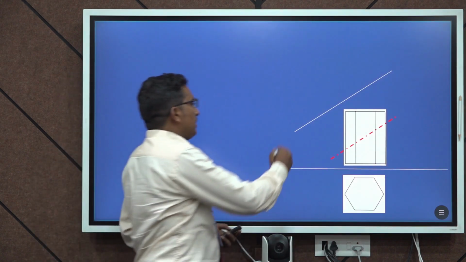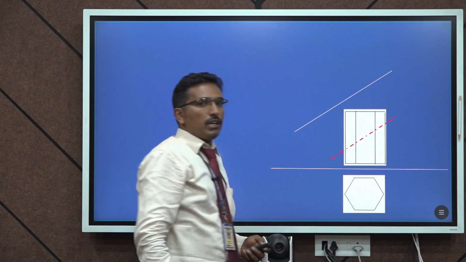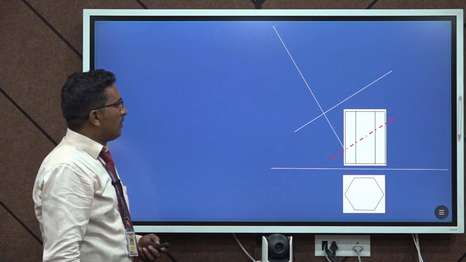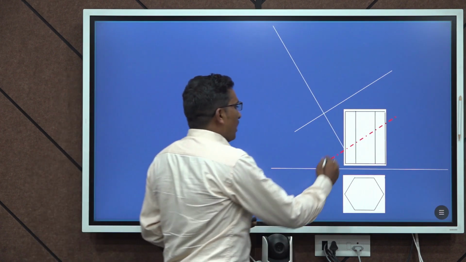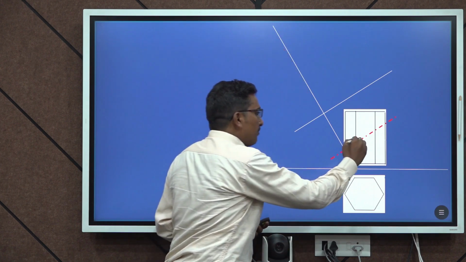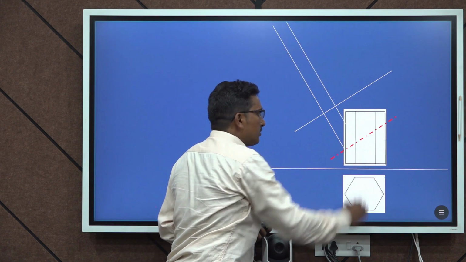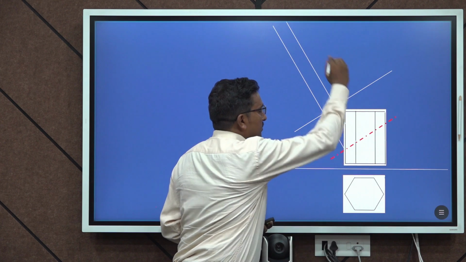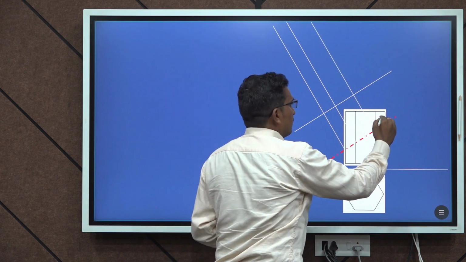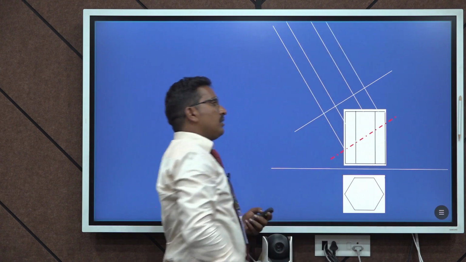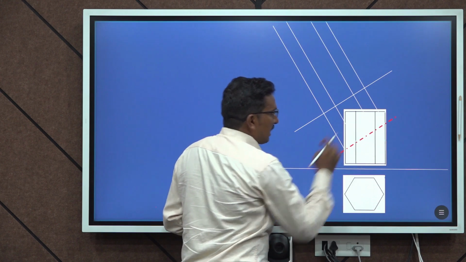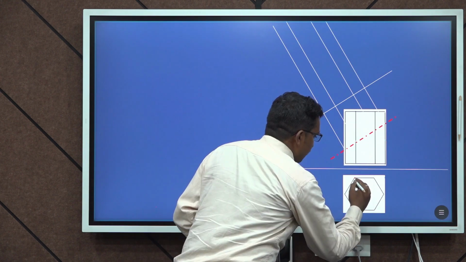Now I have drawn the reference line to show the true shape of the section, and then you have to draw the perpendicular lines from here, and from here, and from here, and from here. Now we have drawn the perpendicular lines. Both edges are cut from the top view.